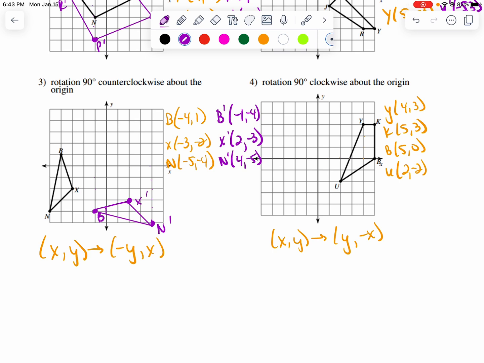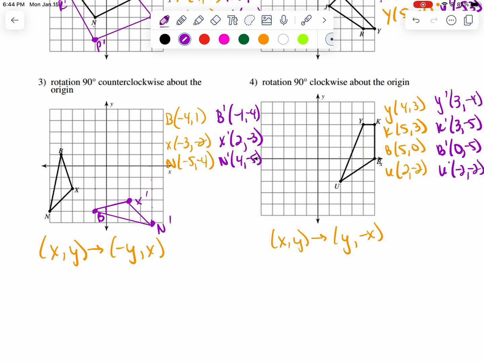Okay, so again, we use this rule. So Y prime is going to be 3, negative 4. K prime is going to be 3, negative 5. B prime is going to be 0, negative 5. And U prime is going to be negative 2, negative 2.